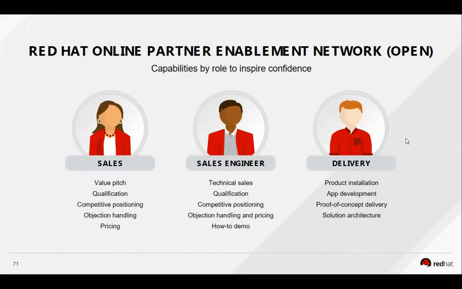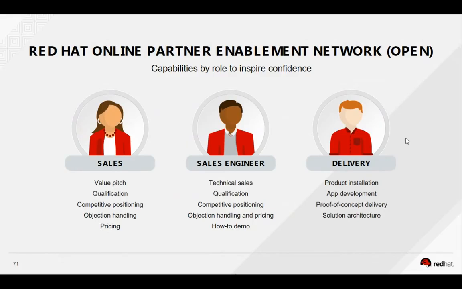The roles that we look forward to, we need a dedicated support from a partner to have one sales engineer and one delivery person dedicated to Red Hat, so that a salesperson can pitch the Red Hat products, a sales engineer can create the demos, and a delivery person can finally implement the solution to the end customer.